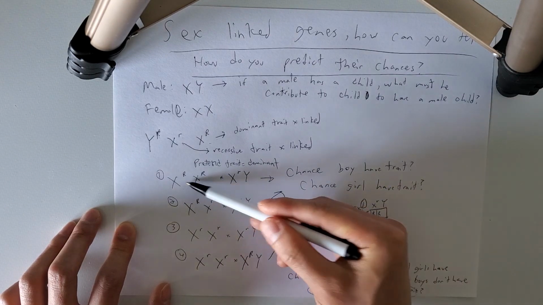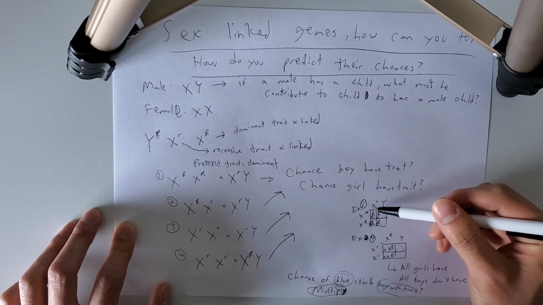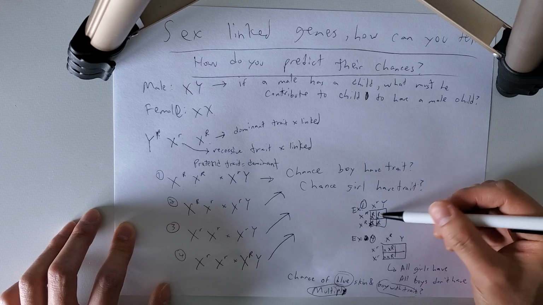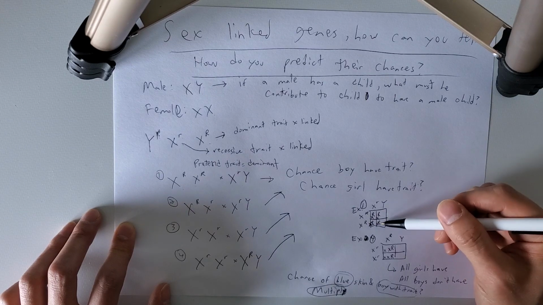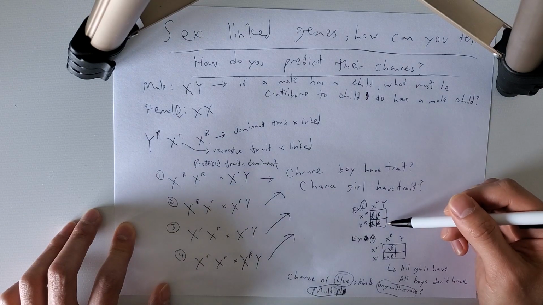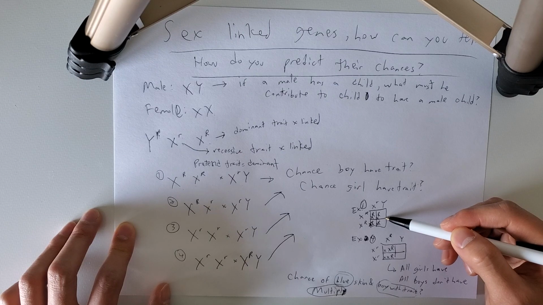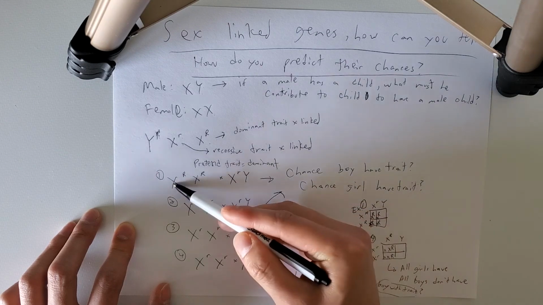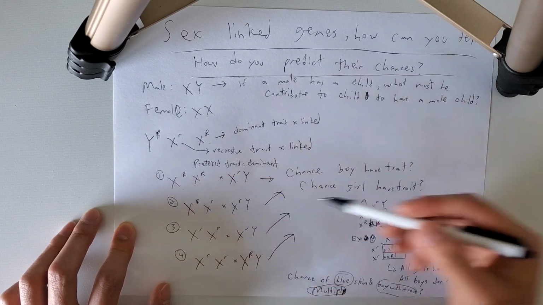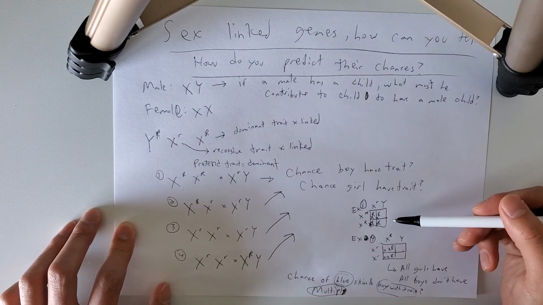So I put the female on one side, and I put the male on the other side. And then I'm going to go ahead and do the Punnett square. So you notice every box has an X capital R in it. So I didn't even bother to write the other one. The boy and the girl will 100% have the trait in this situation because the mother is homozygous dominant, and the boy has to get the X chromosome from the mother.